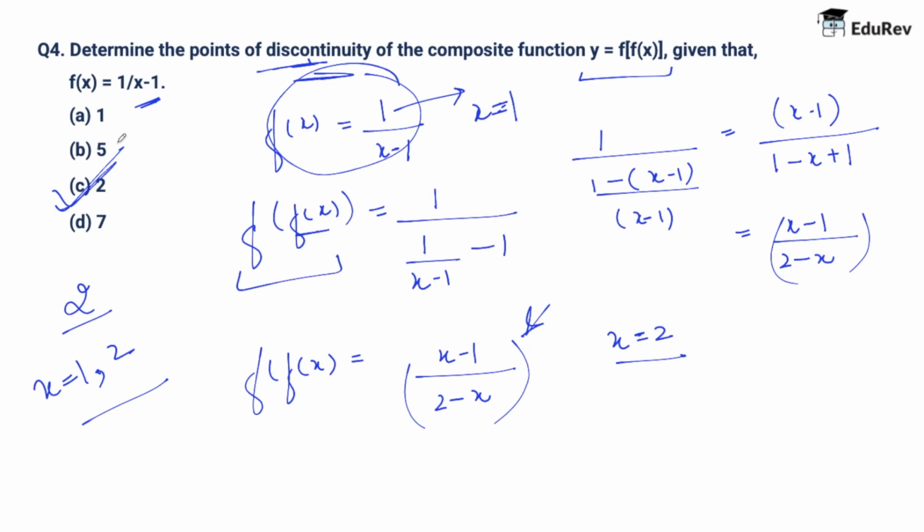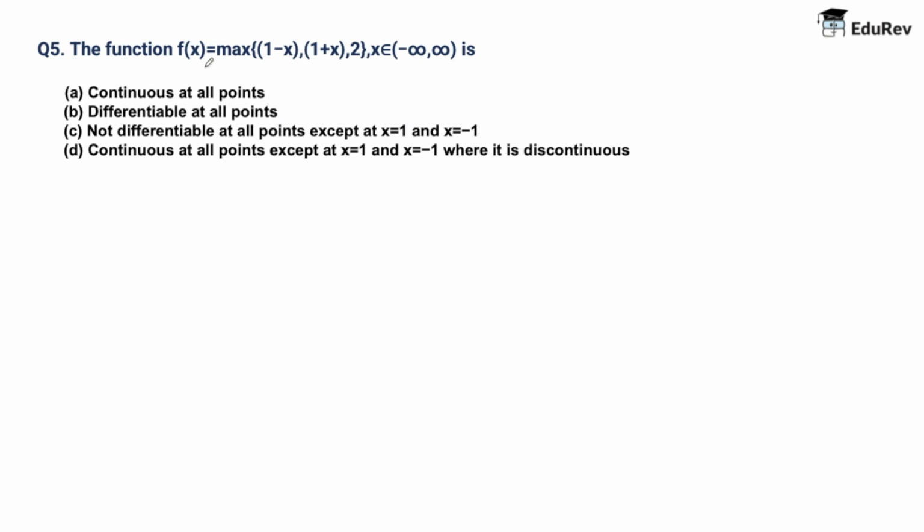Now let's move on to question number 5. We have a function and we need to find out where it is continuous and where it is differentiable. So to solve this question, we will take help from graphs. I'm going to draw the graphs of y equals 1 minus x, y equals 1 plus x and y equals 2.